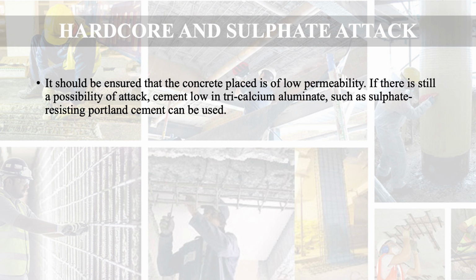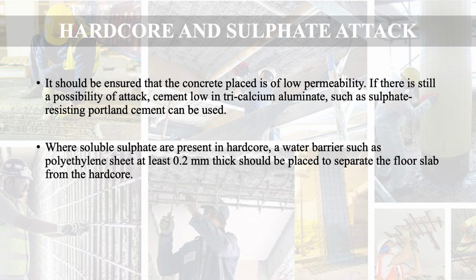If there is still a possibility of attack, cement low in tricalcium aluminate such as sulfate resisting Portland cement can be used. Where soluble sulfates are present in hardcore, a water barrier such as polythene sheet at least 0.2 mm thick should be placed to separate the floor slab from the hardcore.